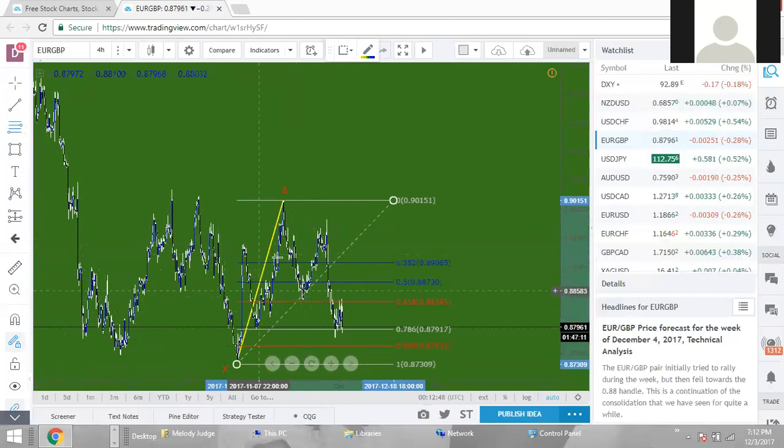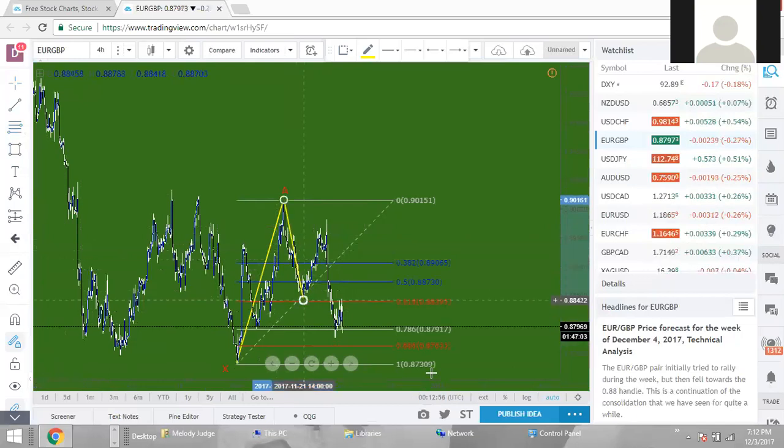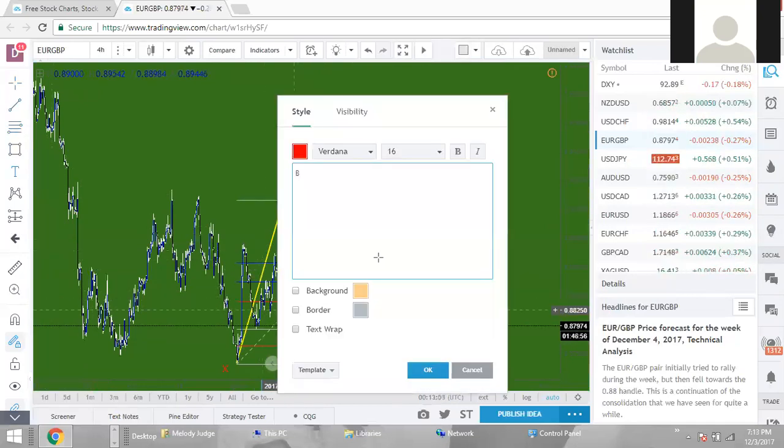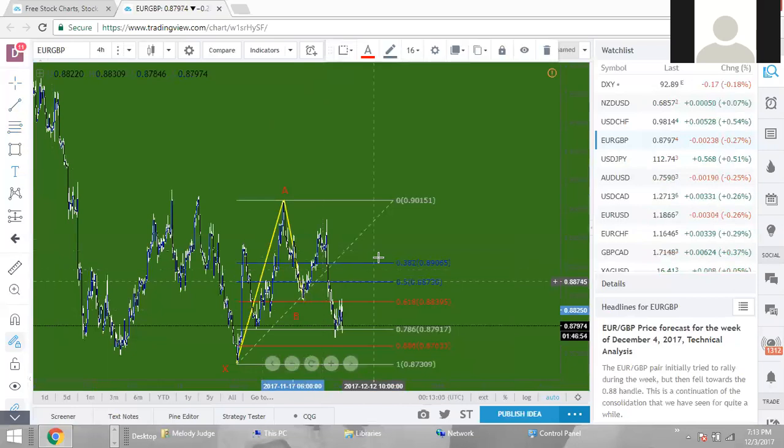And by now we know that once the B leg has been identified, I labeled it. Look for Fibonacci retracement, A to B. And again, we need that minimum of the 618.